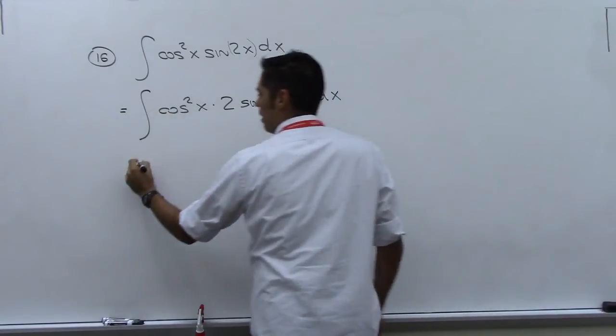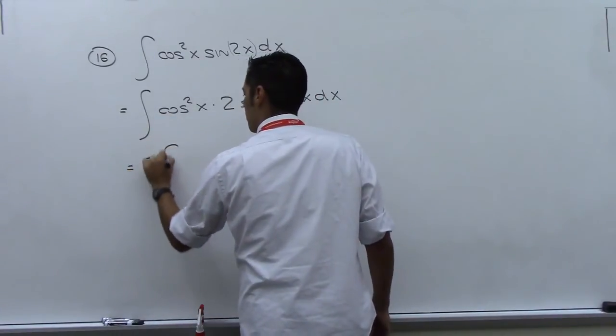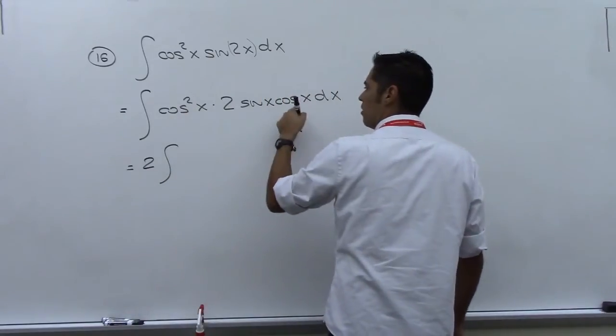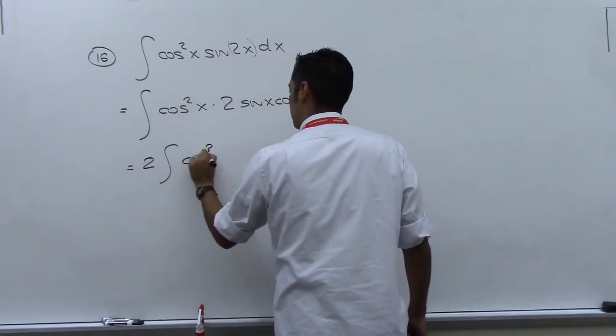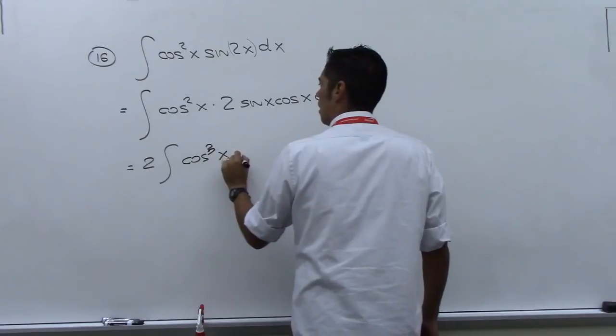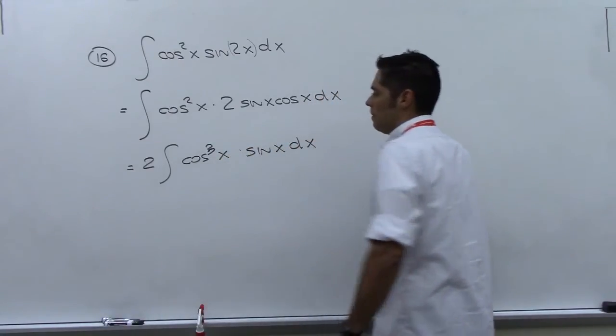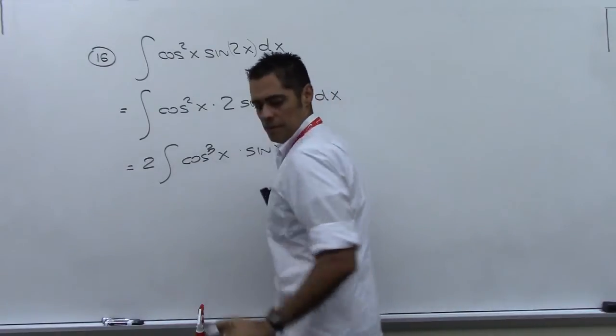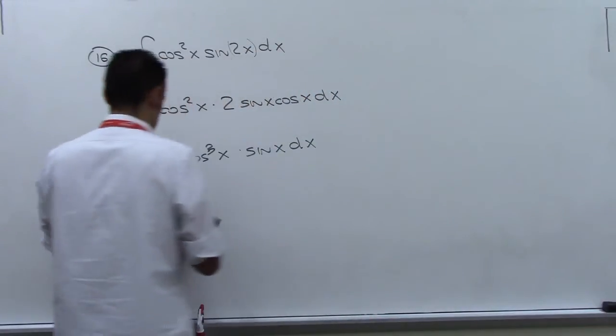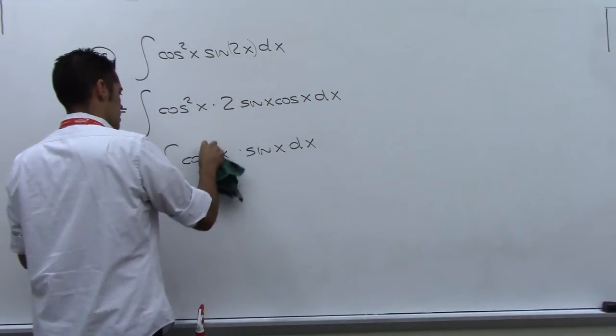I'm going to pull the 2 out of the integral and put the cosine and cosine together, get cosine cubed x times sine x dx.